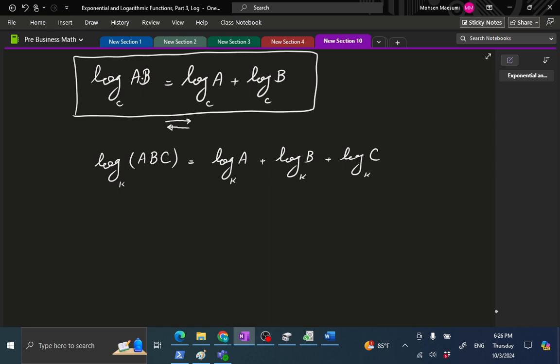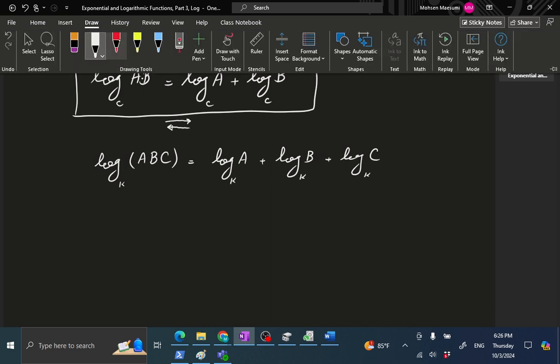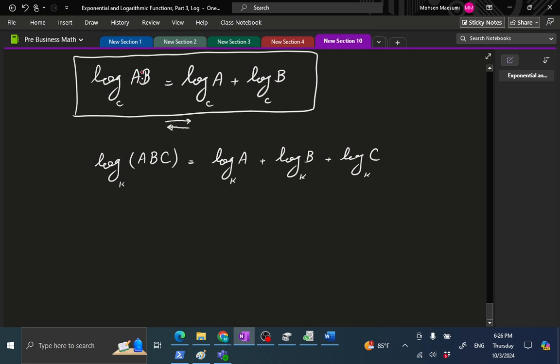If you ever multiplied two 5-digit numbers, you know how much effort it takes. But what's happening here? You notice that on one side we have multiplication, on the other side we have addition. So logarithm is a machinery that converts multiplication to addition.